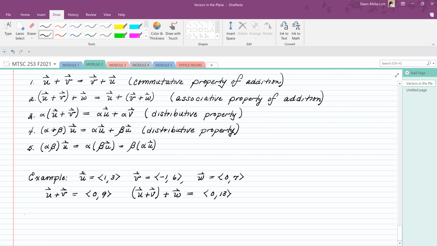Or I can take v plus w and get -1, 13, and then add u to v plus w, and I'll still get 0, 16.